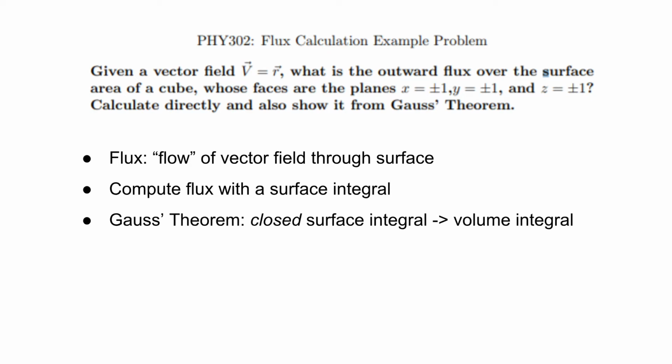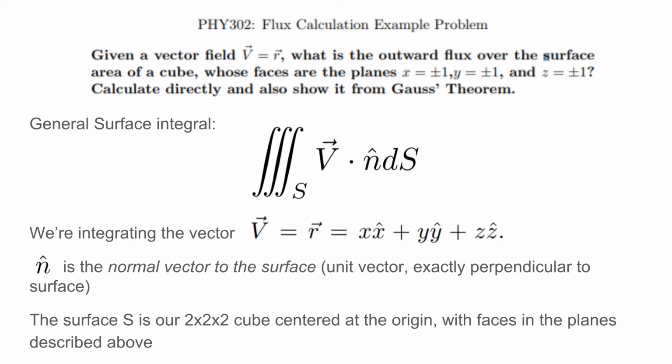And so we need a vector v, which is going to be the position vector in this case. We also need a surface S to integrate over, and that's going to be our six-sided cube. It's a 2x2 cube, we have 6 faces that will have an area of 4 each, and it's centered at the origin.